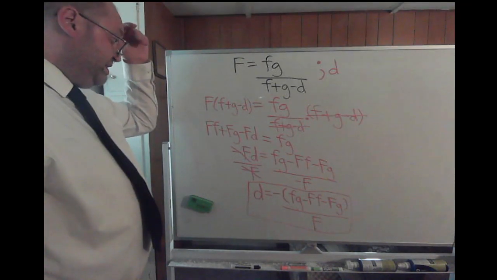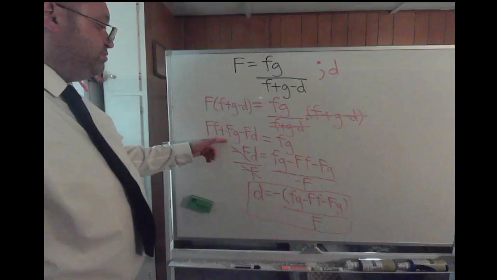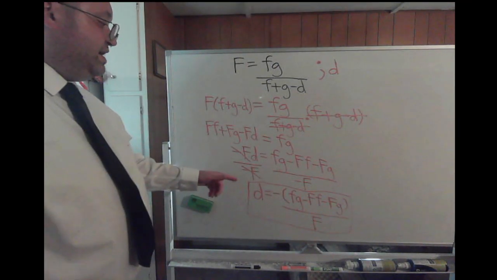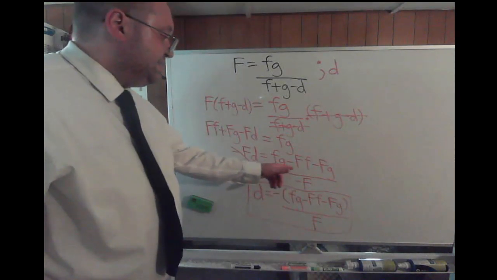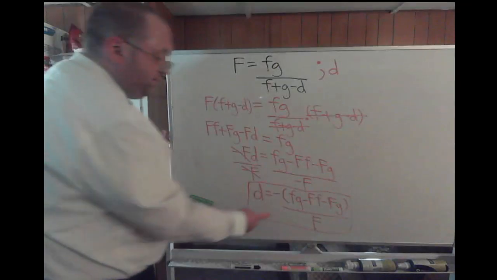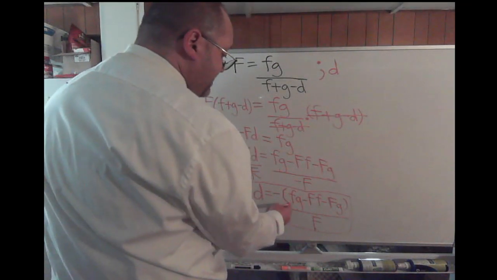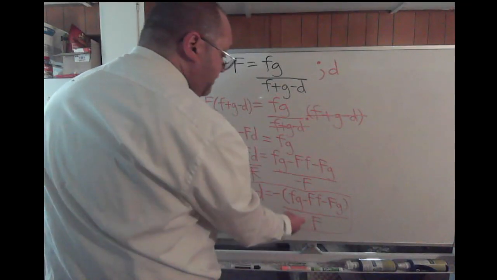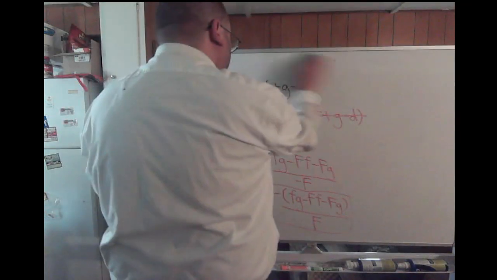Then I subtracted Ff and fg from both sides. Ended up with negative FD on the left, and fg minus Ff minus fg on the right. Divided both sides by negative F, and got this answer: d equals negative of the quantity of fg minus Ff minus fg, all over F.